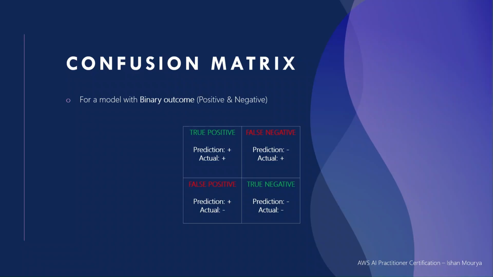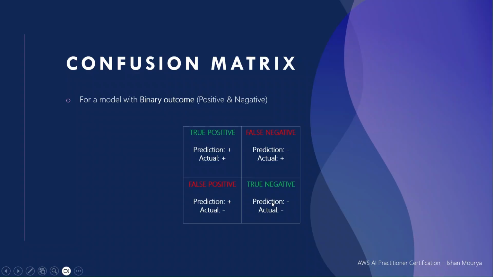That means your model identifies it as spam and it's actually spam. That is a true positive. The next one is the true negative: the model predicts not spam and it's actually not spam. So these both are rightly identified.